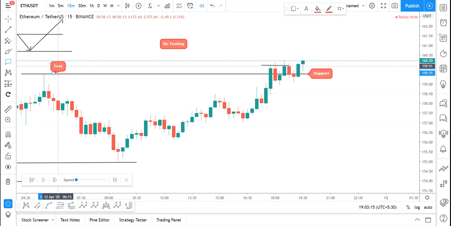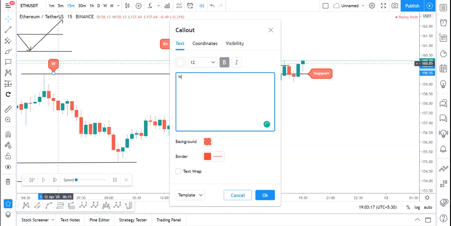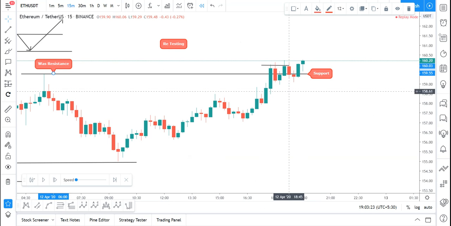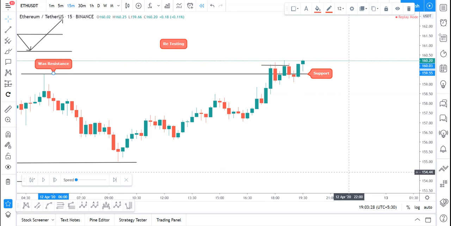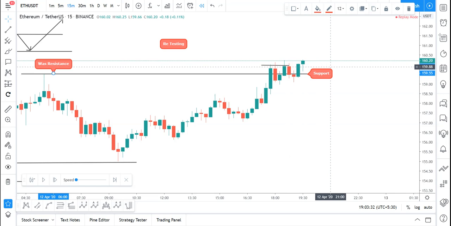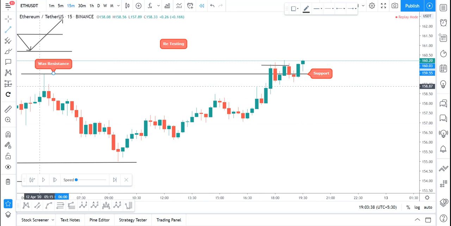But it was resistance till now. It broke, it retested, and it failed to go down. It denied that it will be acting as a resistance anymore. It will be acting as a support. Now we will be entering at this point, and we'll be keeping a stop loss.